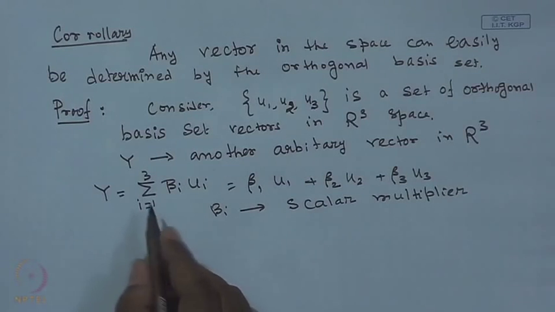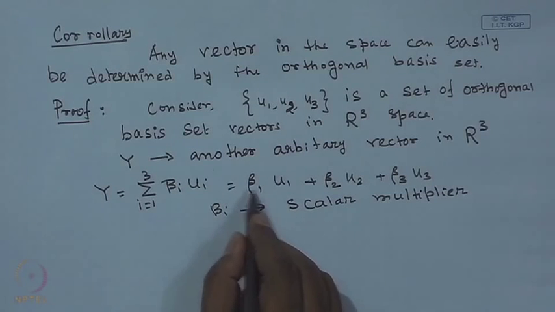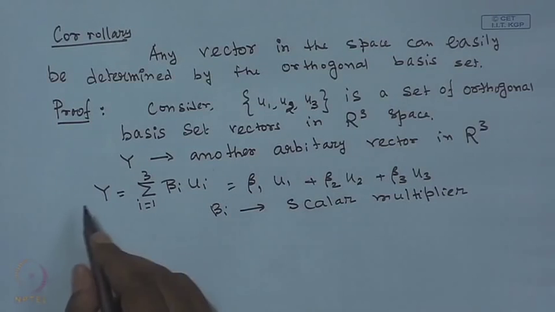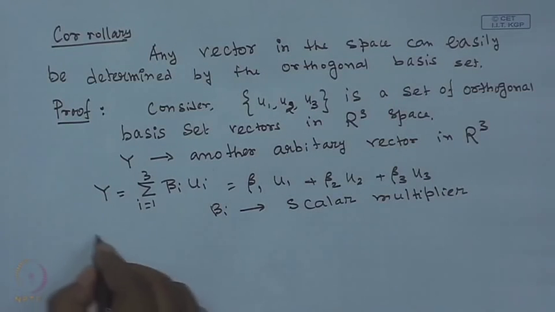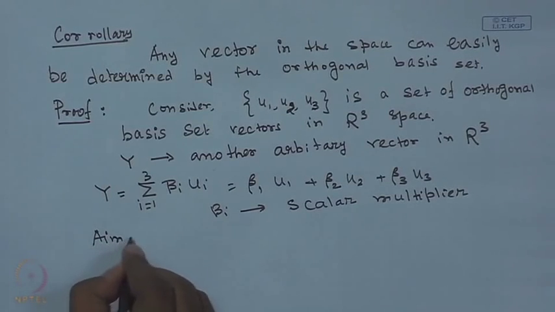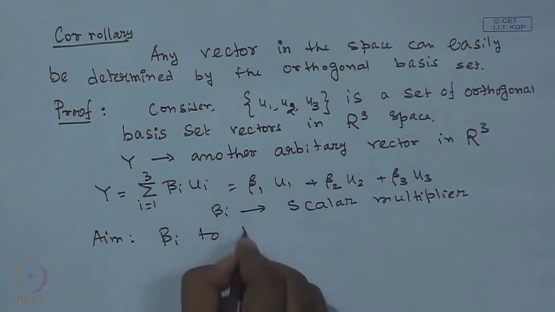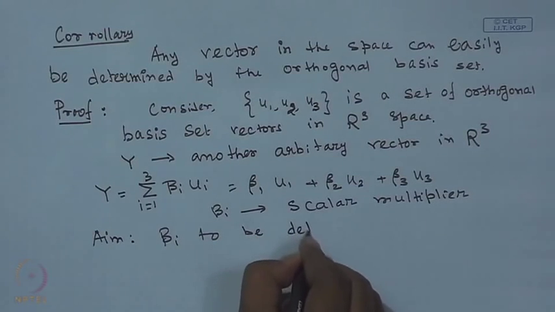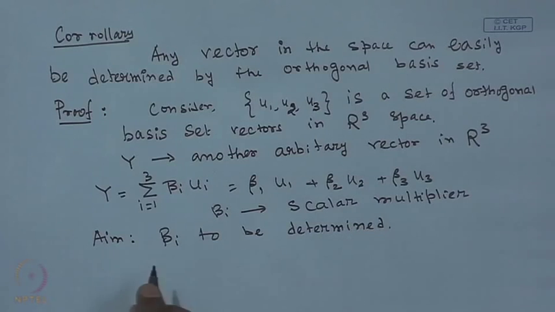So, our aim is to evaluate these individual multipliers, so that any vector in the space can be expressed as a linear combination of the basis set vectors. So, our aim is that beta i is to be determined. How will this be determined?